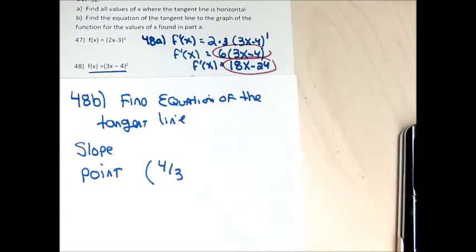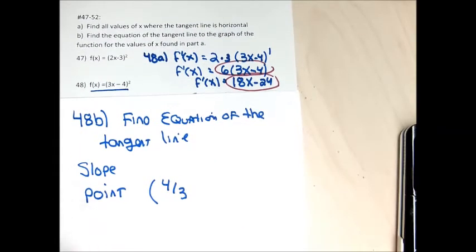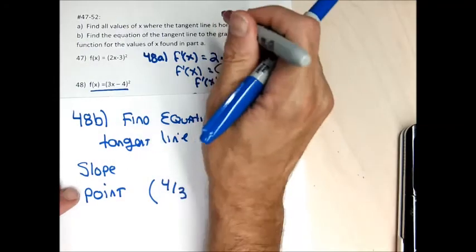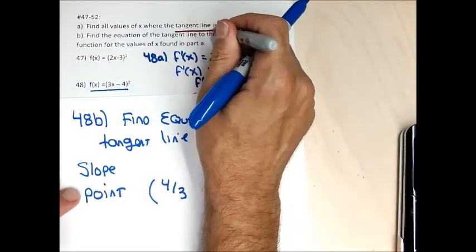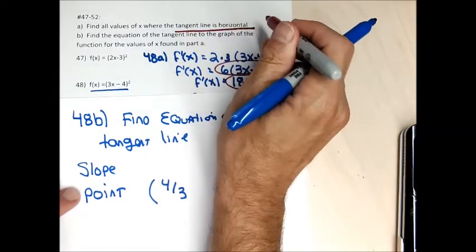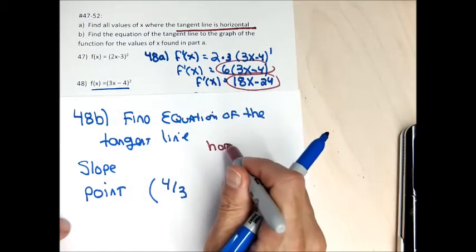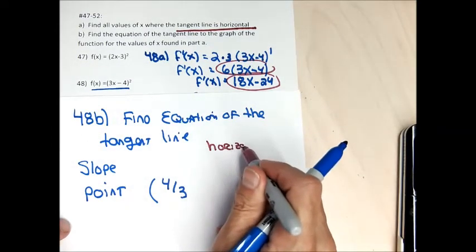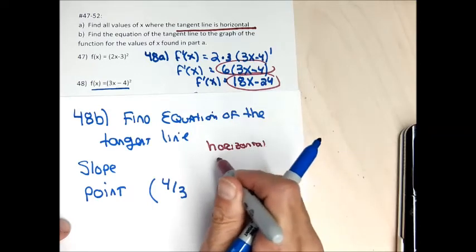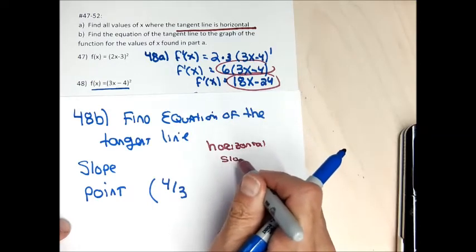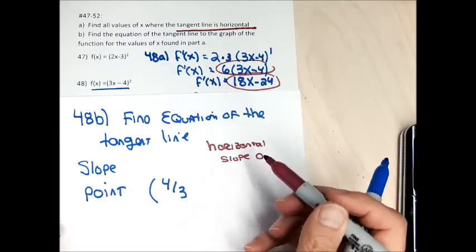It doesn't specifically give me the slope, but it implies the slope because it's asking me to find an equation of a horizontal line, and horizontal lines have slopes of 0. So the word horizontal in part A implies the slope is 0.